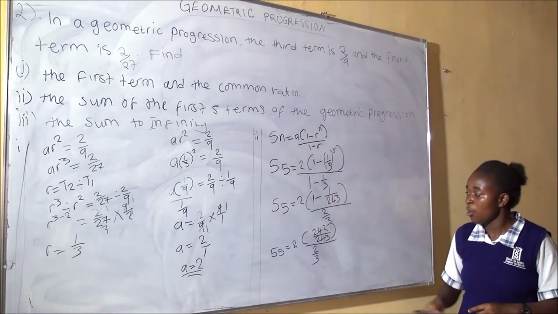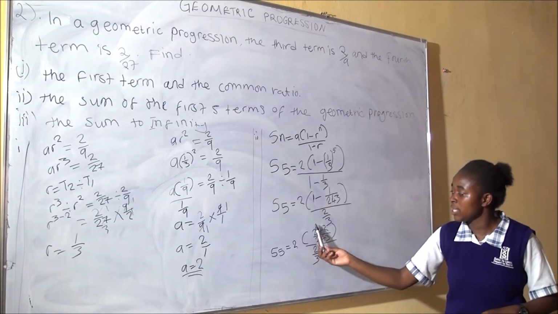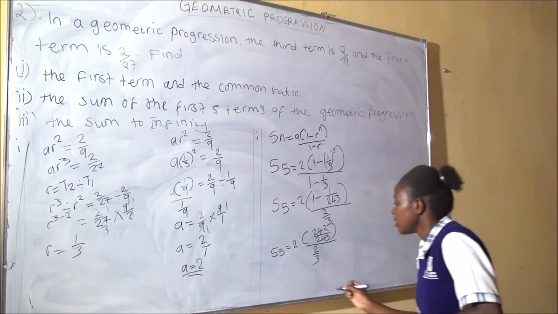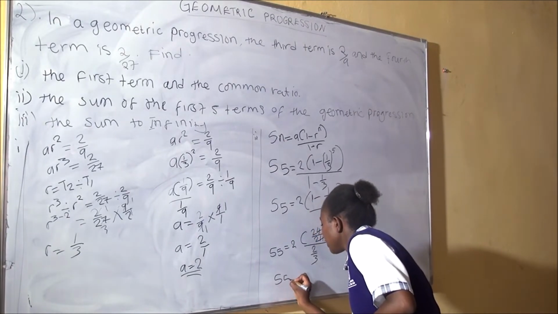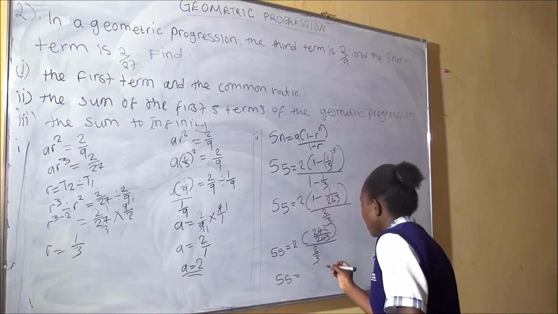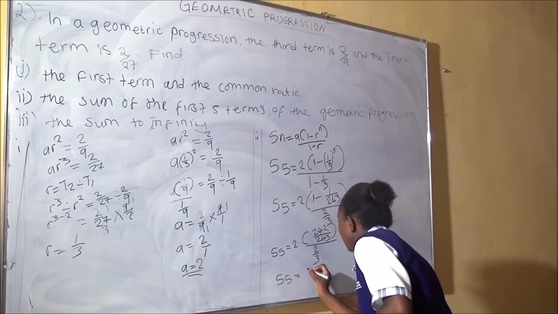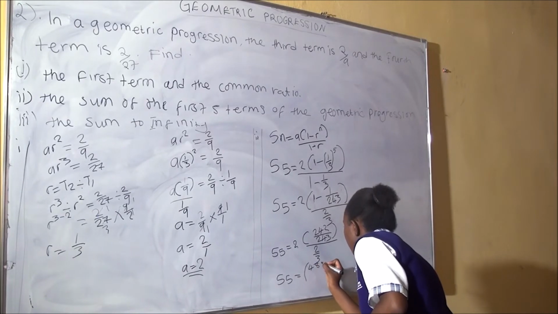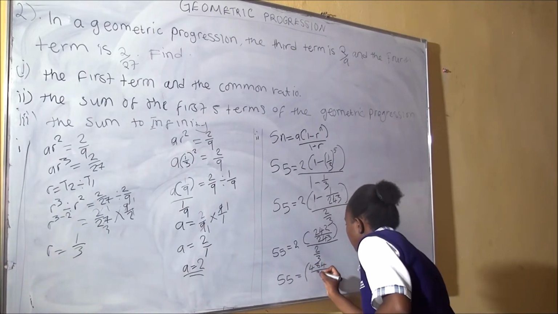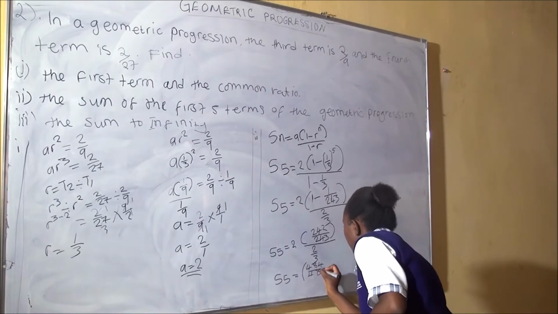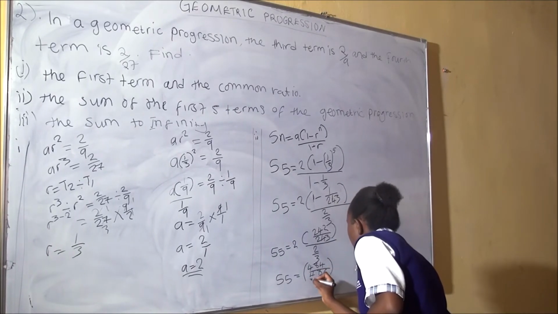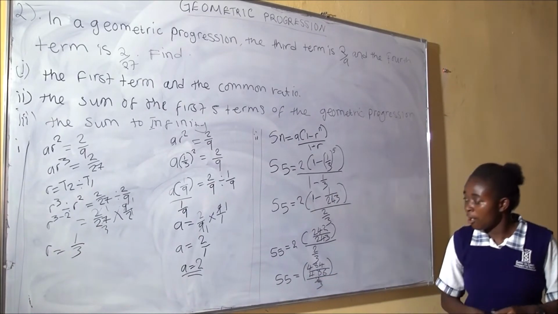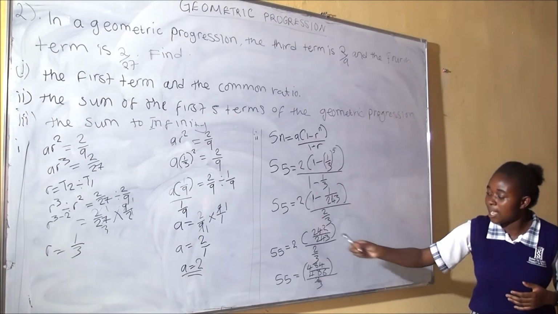At this stage here, we multiply this number with these numbers in the brackets. So here we'll have the sum of the first 5 terms is equal to 2 times these numbers inside.